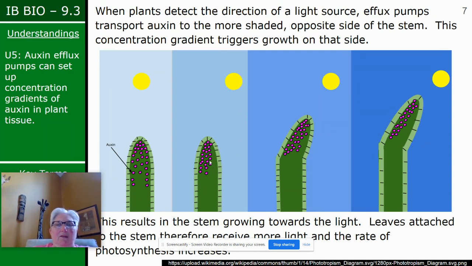So what's going to happen is that through diffusion, the auxins are going to move to the shady side of the stem or the shoot, and it causes then the side toward the light or toward the sun to go towards that light. And that's where we get this bending that occurs. Here's the light side, less auxin. Here's the shade side, much more auxin in place.